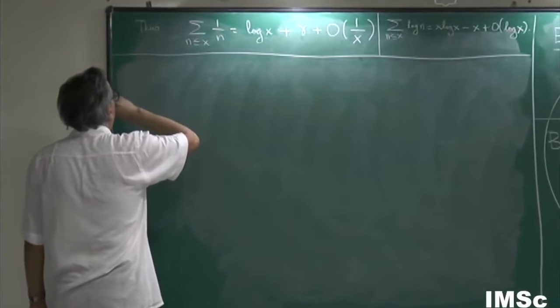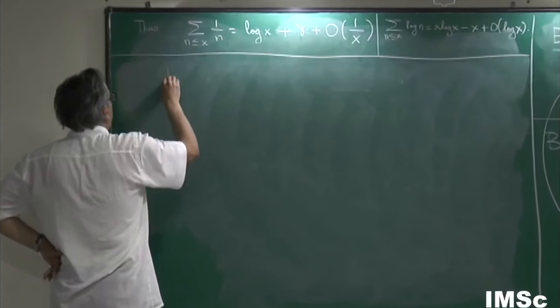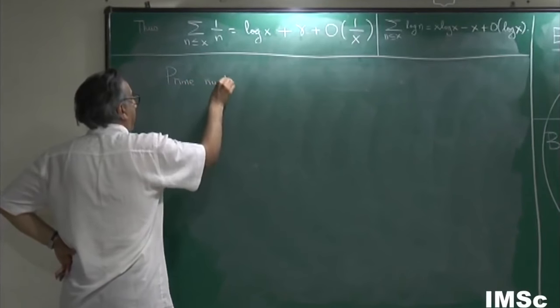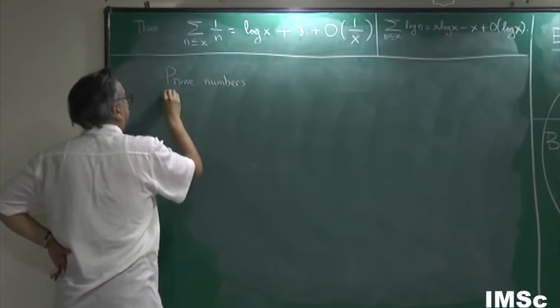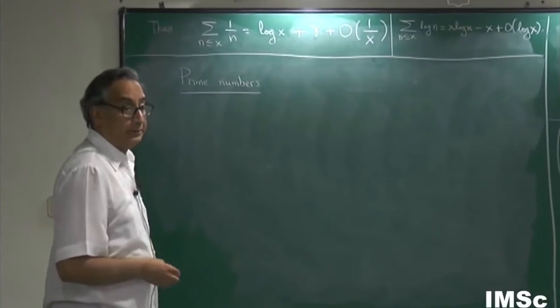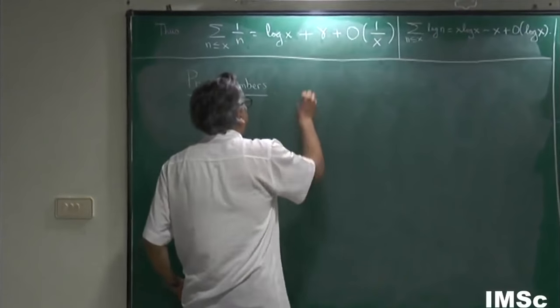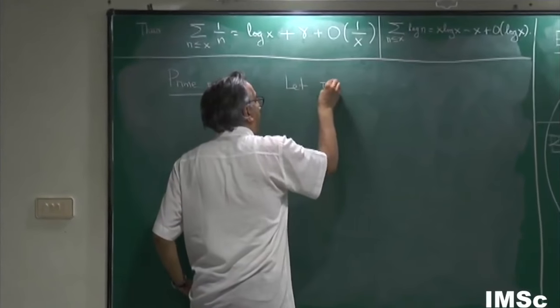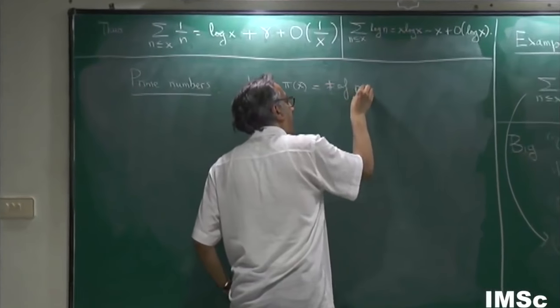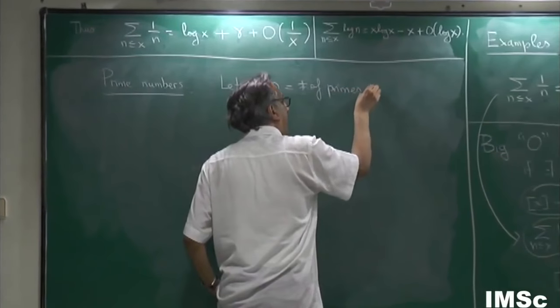So one of the first questions about prime numbers is how they are distributed. So let pi of x be the number of primes less than x.